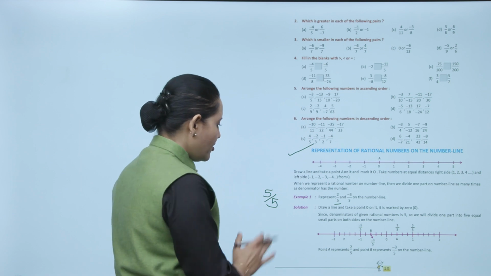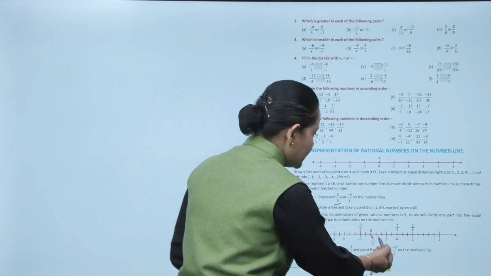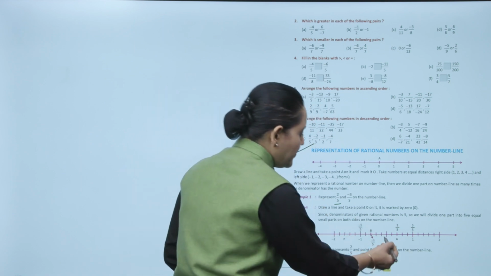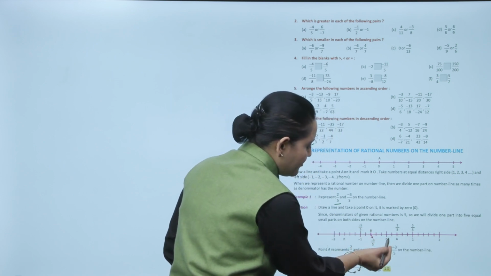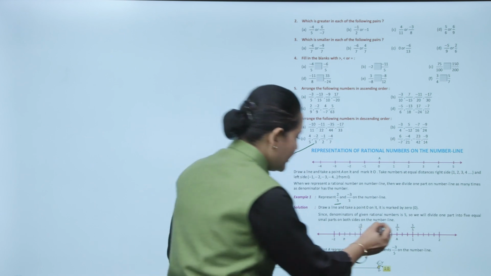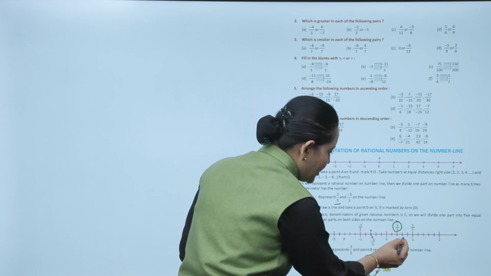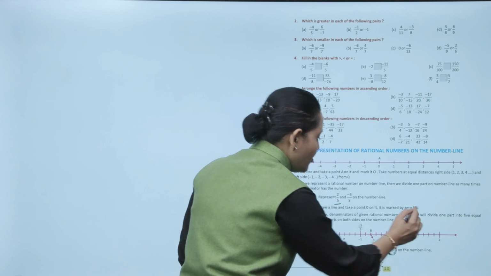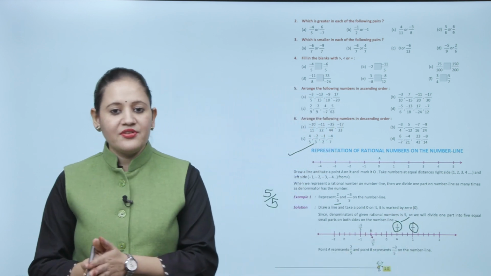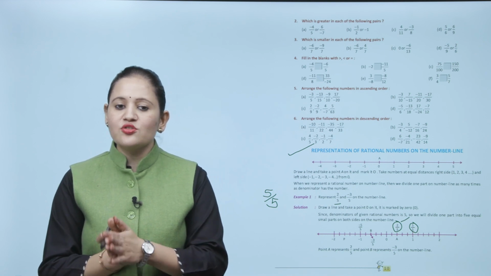So 2 by 5 will be between 0 and 1. So we make 5 equal parts, 1, 2, 3, 4 and 5. The first part will represent 1 by 5, the second 2 by 5, 3 by 5, 4 by 5 and this is 5 by 5. So this will be 2 by 5. This way we will represent 2 by 5.